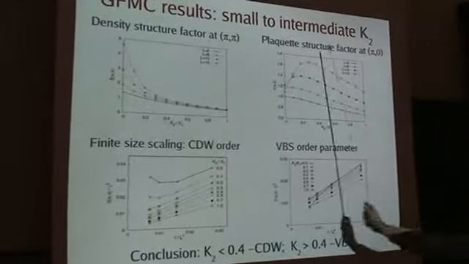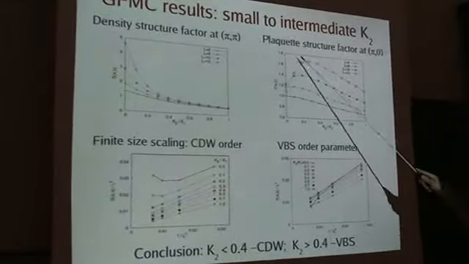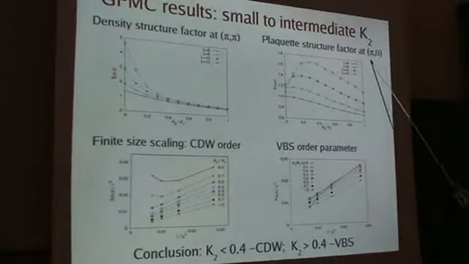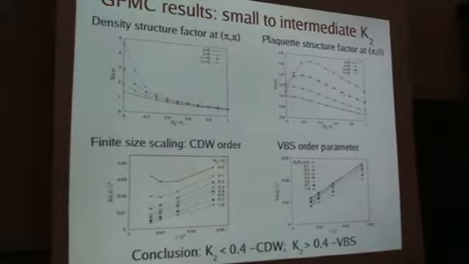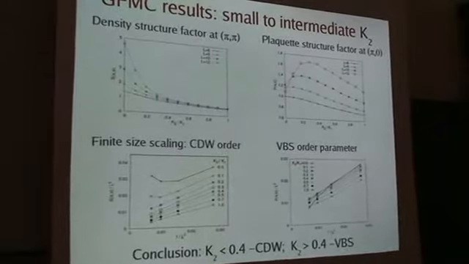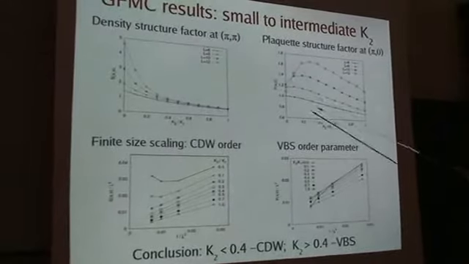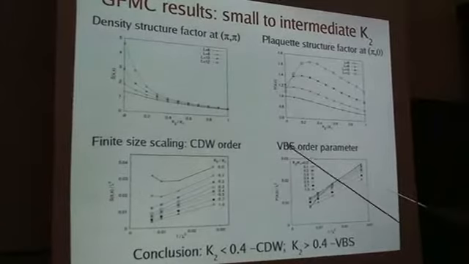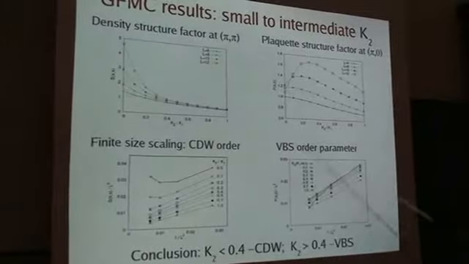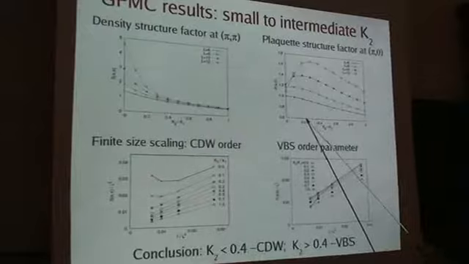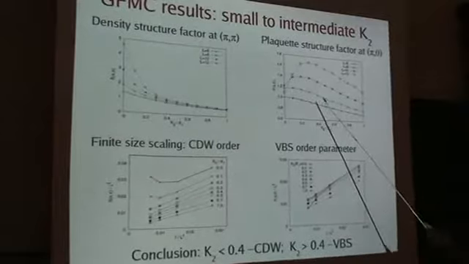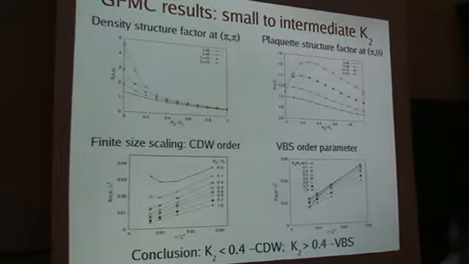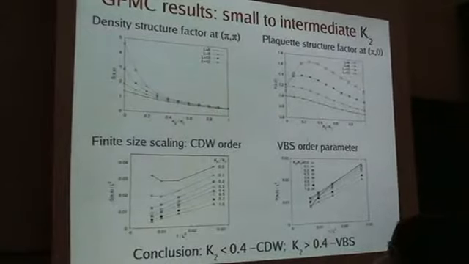The right-hand side is a similar analysis of the plaquette structure factor at wave vector (pi, 0), which is where we expect this columnar type order. Here for small K2 the order parameter vanishes, and then for K2 larger than 0.3 or so we have finite order parameters, so we have this dimer state.